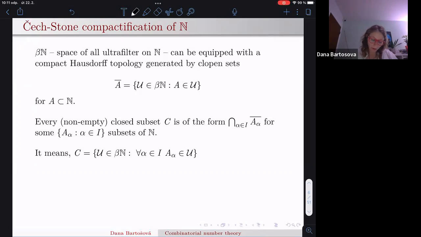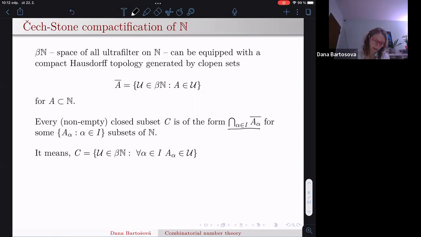And let's recall that the closed subsets correspond exactly to filters. So we have that a closed subset has to be an intersection of some basic closed sets. So we can think that we have an intersection of these basic clopen sets.